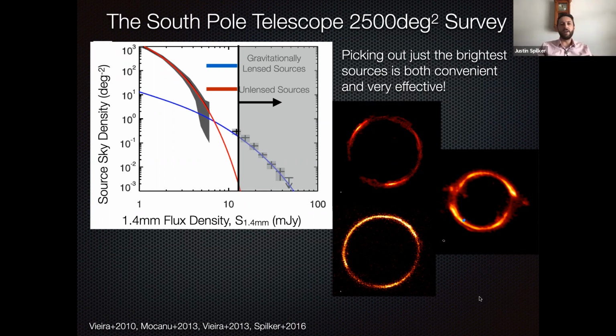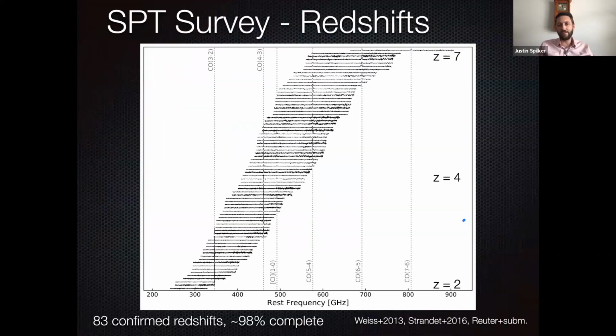I mentioned that redshifts have been a long bottleneck for dusty galaxy studies. Thank you to the many ALMA attacks over the years. We are now at the point where, with the SPT sample, we have 98% spectroscopic completeness. I think there are only 1 or 2 galaxies left that do not have a spectroscopic redshift.